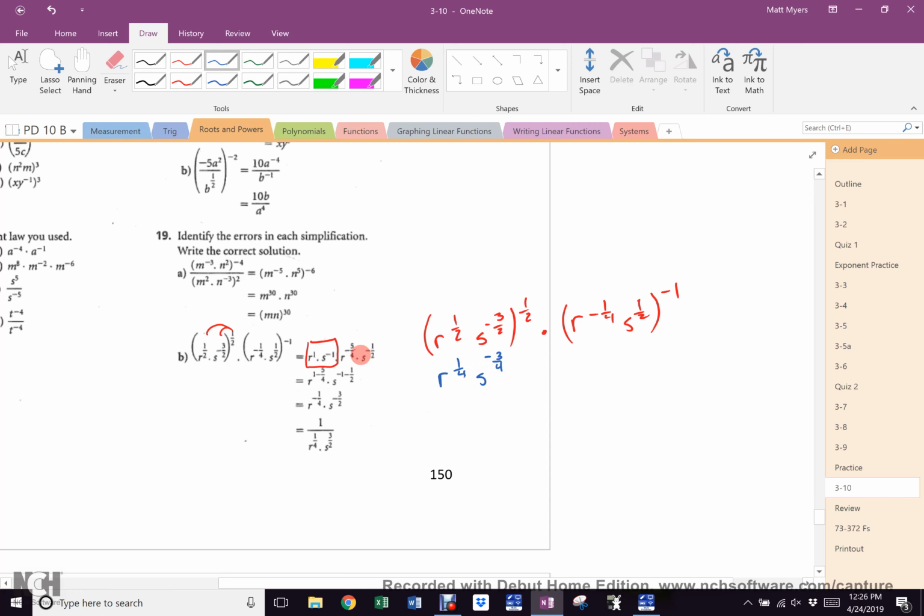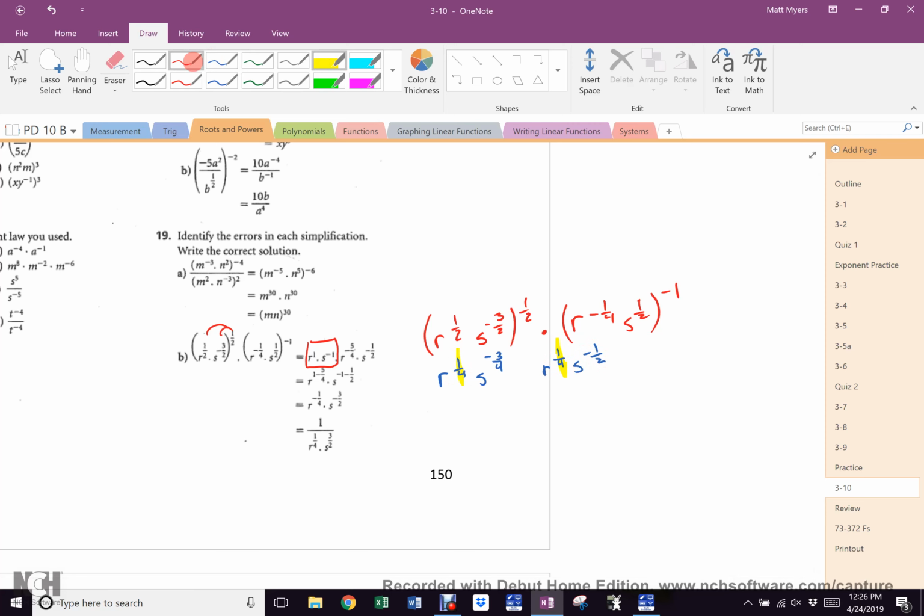Has he done the same thing there? Has he added again? What a doofus. It should be r to the positive 1/4 and s to the negative 1/2. Now, what should we do with that and that?